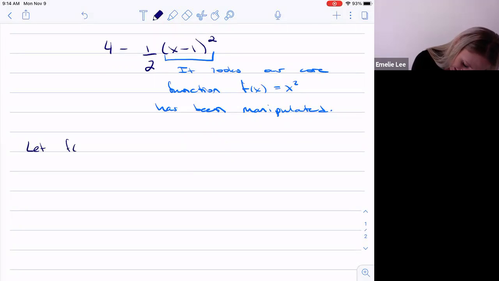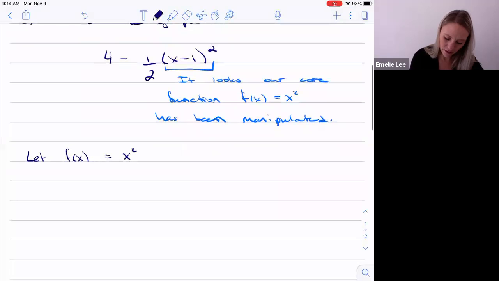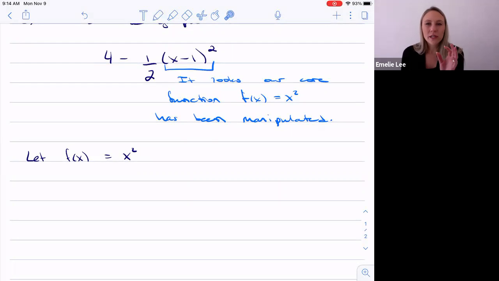Let f of x be x squared. Working from the inside out, the first thing that's happened is I've taken x minus 1. X minus 1 squared is just one manipulation on x squared.